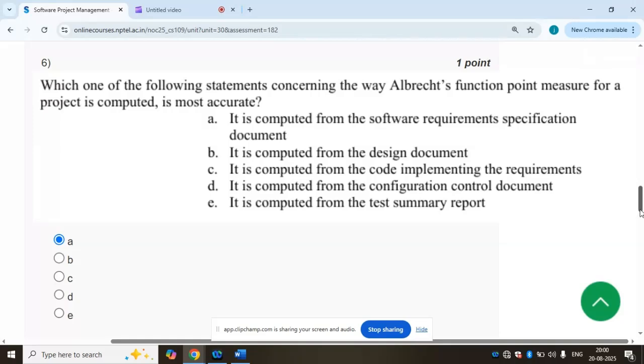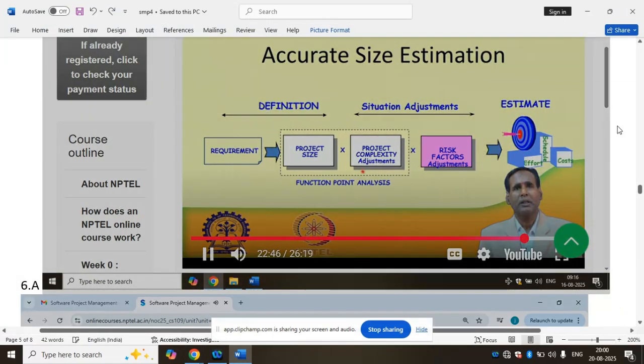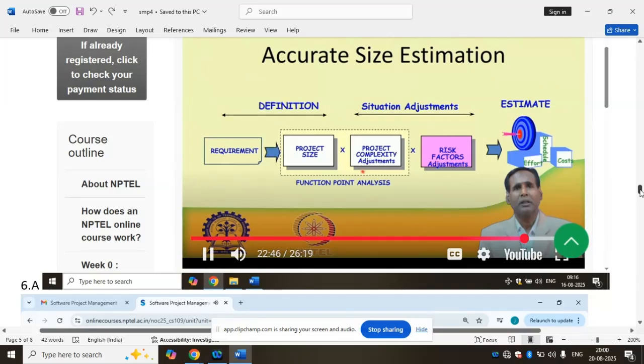Next one, in a software project, if the degree of influence for each of the 14 general system characteristics is 4, then what will be the value of VAF, value adjustment factor, using function point analysis? That we will calculate now.